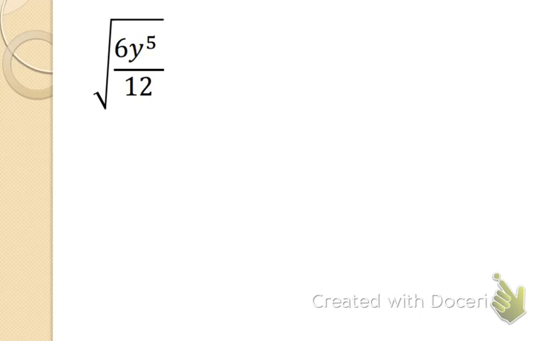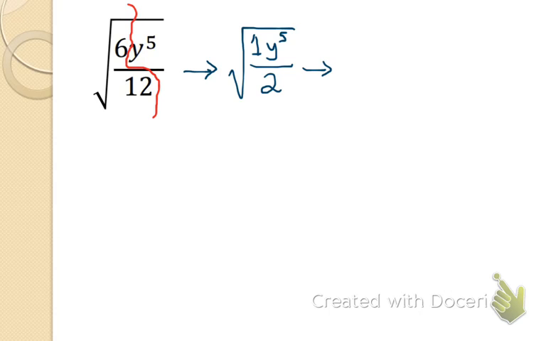As we progress, I'm going to start cutting back on some steps because they're pretty repetitive. I'm going to start off by already thinking, I'm going to split this up and concentrate on these whole numbers and think, can they be reduced? The answer is yes. 6 over 12 can be reduced to 1/2. So I'm going to rewrite it.